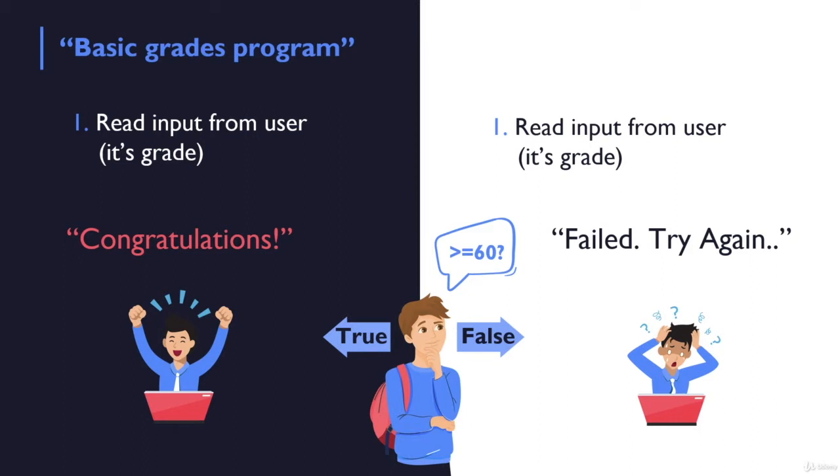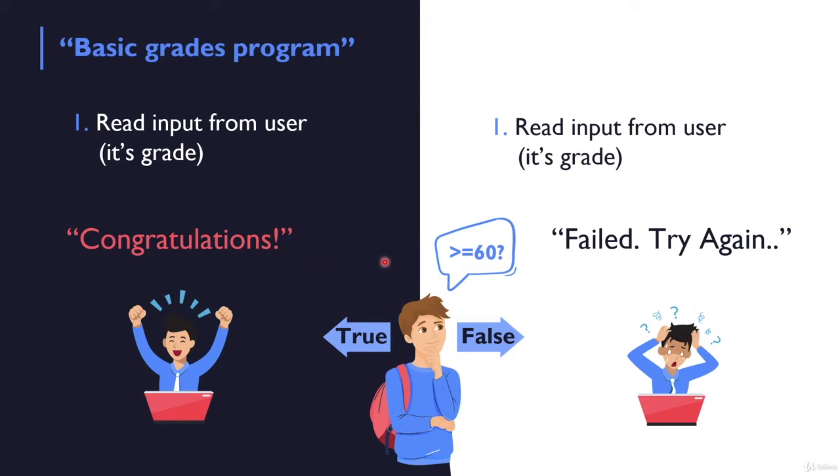So basically all this guy does is simply decide what parts of code, what specific commands, should be executed based on the result of the given condition. In this case, it's just if a grade is equal to or higher than 60. So once again, just to make that clear, if the grade is higher than or equal to 60, then we will run the code on the left and print a congratulations message to the screen.